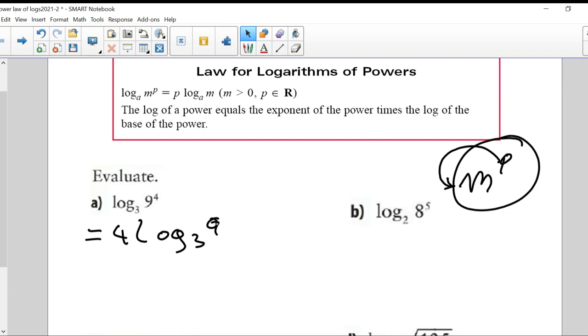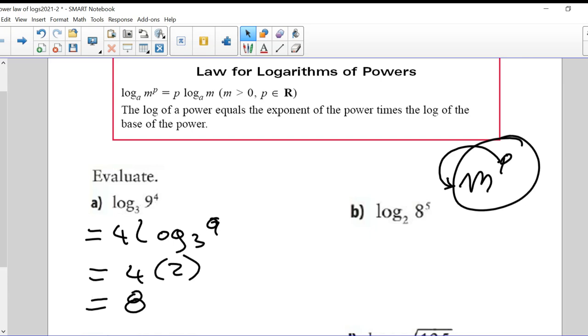That's a perfectly legitimate mathematical statement to write. So, of course, we did all this stuff about logs yesterday. We know the base 3 log of 9 is, hopefully everybody knows this, 2, because the exponent on 3 that gives you 9 is 2. So the answer for this is 8. Okay? It's really that simple.